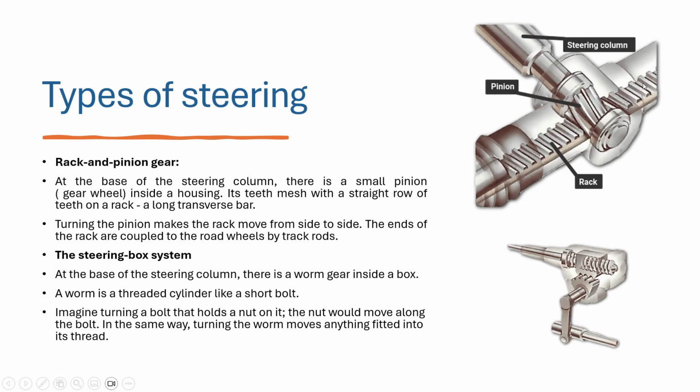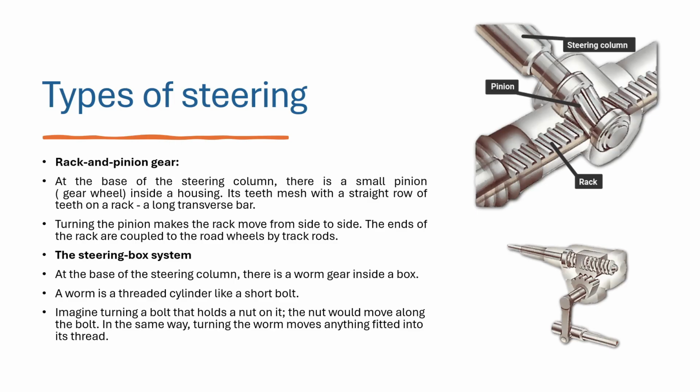So this linear or straight row of rack is connected to track rods, right? The second type of steering system is the steering box system, which is given in the figure here. Under this system, at the base of the steering column, there is a worm gear inside the box. The worm is a threaded cylinder like a short bolt. You can assume that turning a bolt that holds a nut on it, the nut would move along the bolt whenever we are turning the bolt.